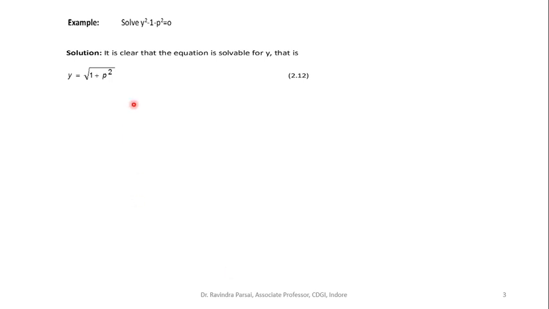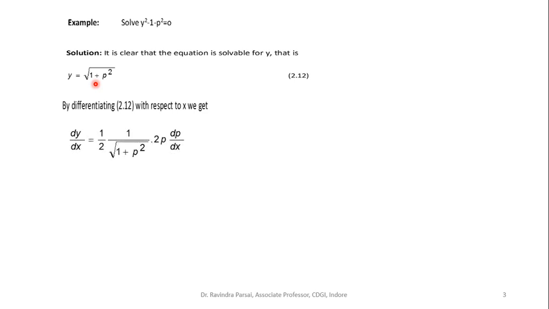So the given equation can be written as, it is clear that the given equation is solvable for y, that is we can separate y in terms of the remaining variable as y equal to under root of 1 plus p square. Now differentiate both sides of this equation 2.12 with respect to x.